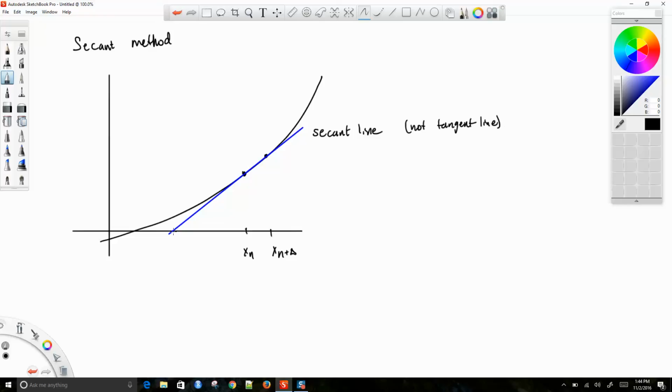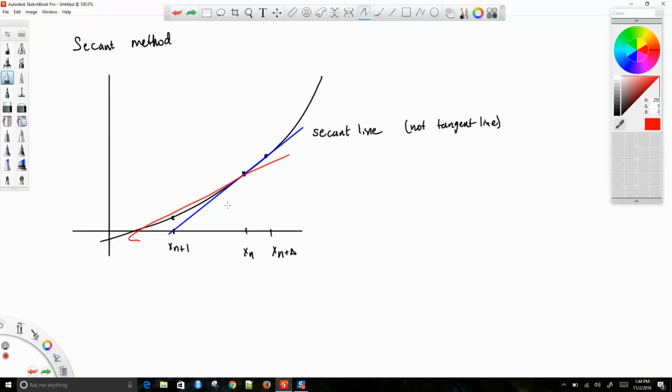And once you get to this point, it's actually not x of n plus delta. This is going to be your new x of n, new x of n plus 1. So this is the new point right here, and then you just use the last point you calculated.